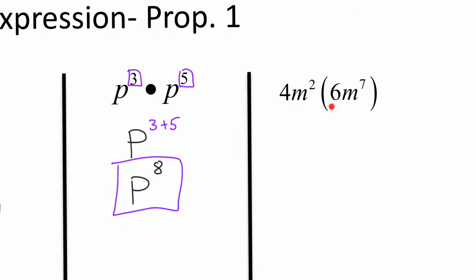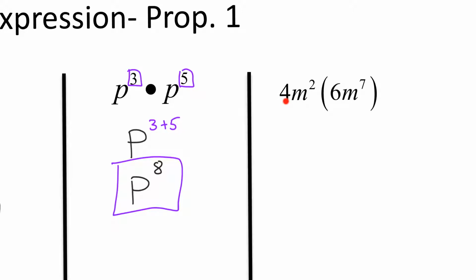So you do not keep, let's say, the 4 or the 6. What we have to do is actually multiply those coefficients. If the coefficients are not the same, or even if the same, and they don't have exponents, you have to multiply those numbers.